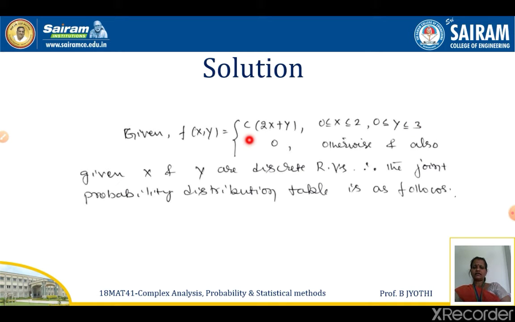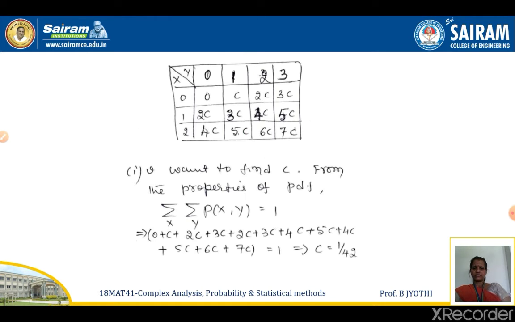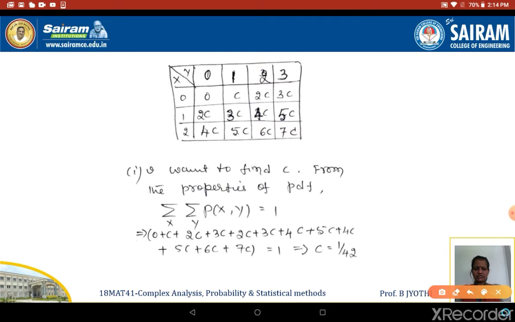And how to get the value is c of 2x plus y. When x takes the value 0, suppose y takes the value 1, then it will be 0 plus 1, that will be 1 times c. Like that it has to be calculated. Here 0 and 0 both are 0. Let me take one example here: 2 into 0 plus 0.